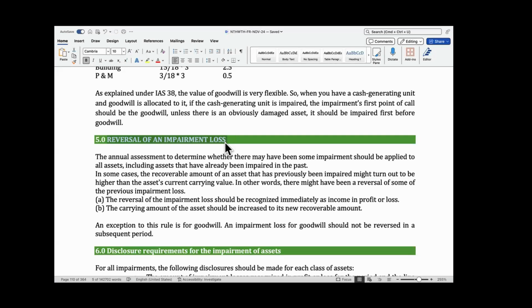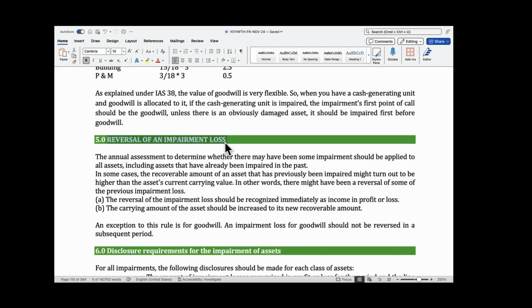That means you need to reverse that previous impairment. And of course, that reversal should be recognized to P or L immediately.